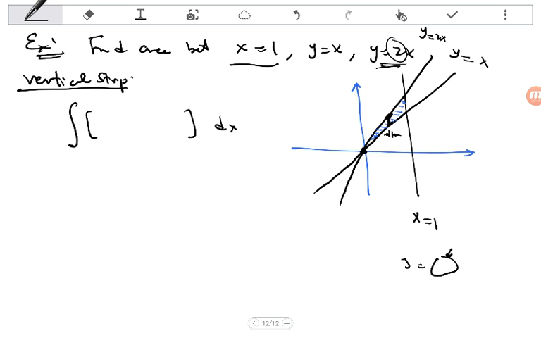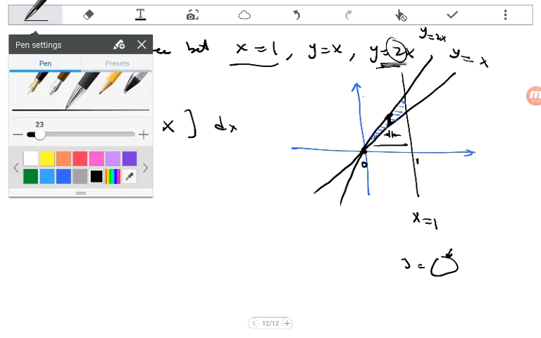What would be the above curve? It would be 2x, minus the below curve, which is x. I slide this strip from x equals 0, from this point, to cover the area, to x equals 1. So the area can be found only by this integral.